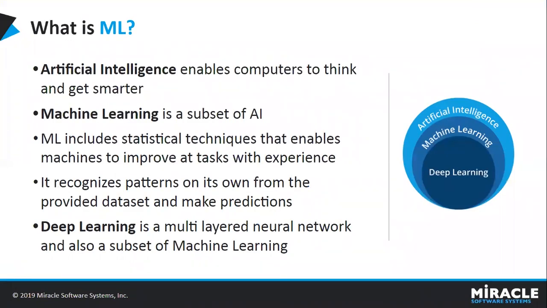Let's get through it. So, what is ML? We all know that artificial intelligence enables computers to think and get smarter. ML is a subset of AI. ML includes statistical techniques that enable machines to improve at tasks with experience. The major goal of ML is to build computer systems that can adapt and learn from experience.